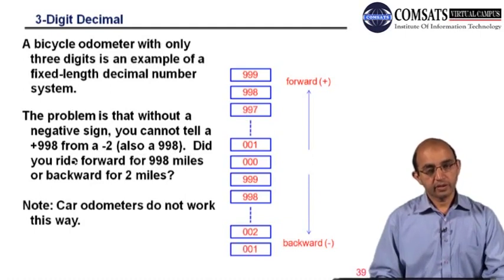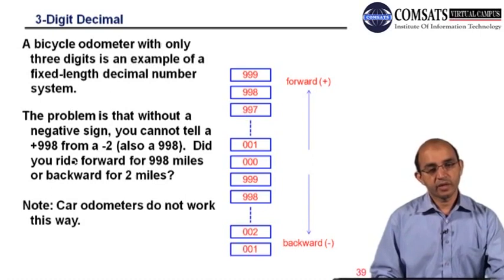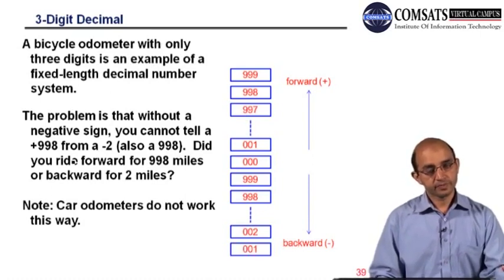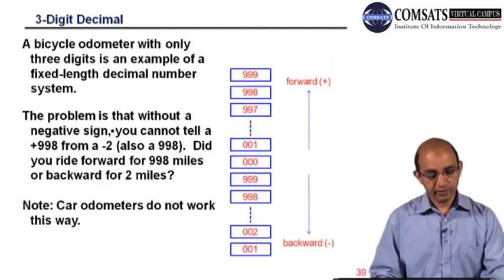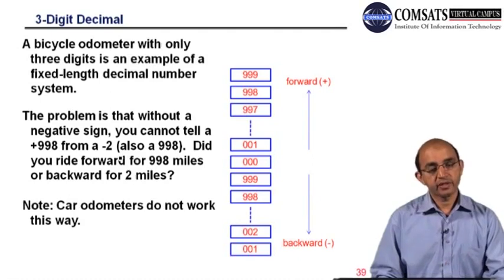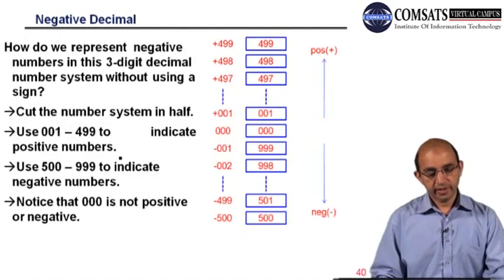And you cannot tell whether you move forward or you move backward, right? So how will we handle this, right? For example, if you have 998, plus 998, or 998, you cannot say whether you move forward or you move backward, right? So how can we handle this?